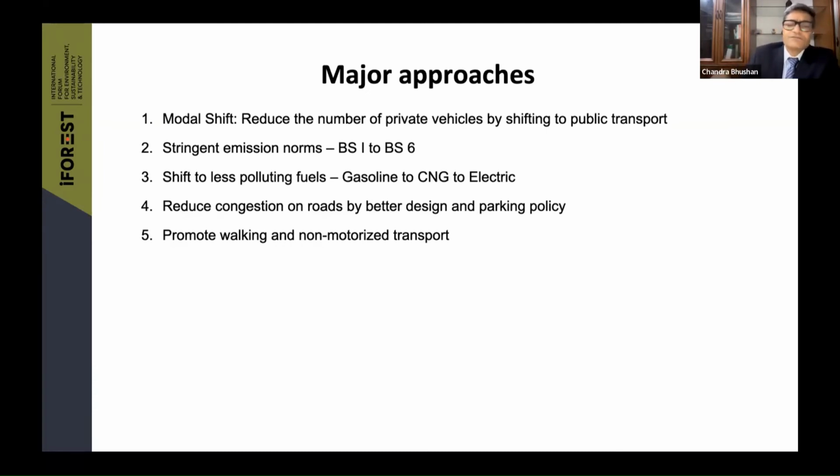The third is shifting to less polluting fuel. As you know, many cities have moved from gasoline to CNG and now to electric. As we move ahead in future, you will see more and more electric vehicles coming into the market, whether it is electric two-wheeler or electric car. Electric three-wheeler is already there, but these technologies will also come.